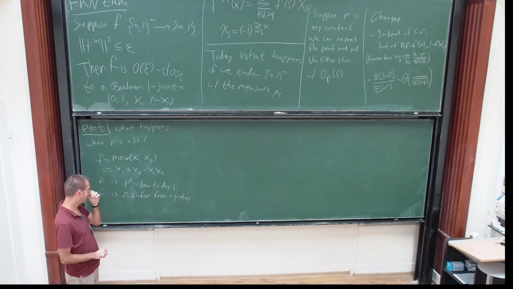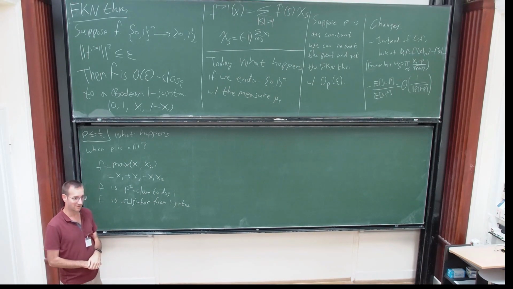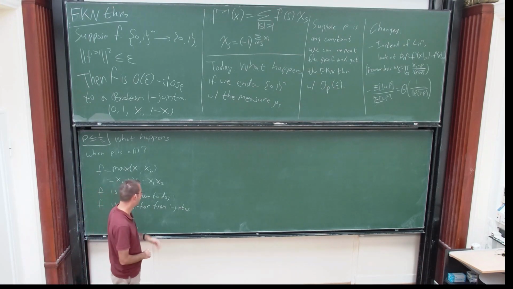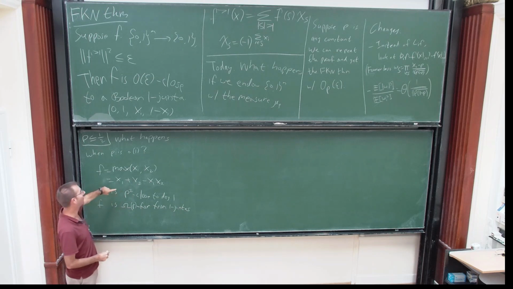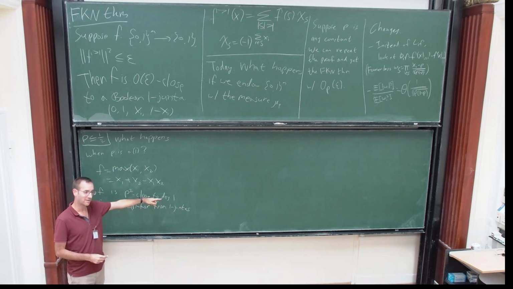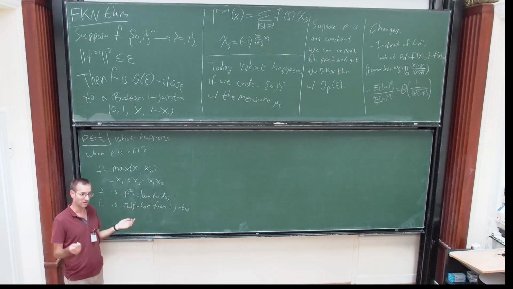Okay, so the statement just is no longer correct. This is related to the example that Noam discussed. So I gave you an example of a function where for epsilon equal to p squared, it's epsilon close to degree 1, but it's not epsilon close to any one junta. So the FKN theorem, as stated, doesn't hold.